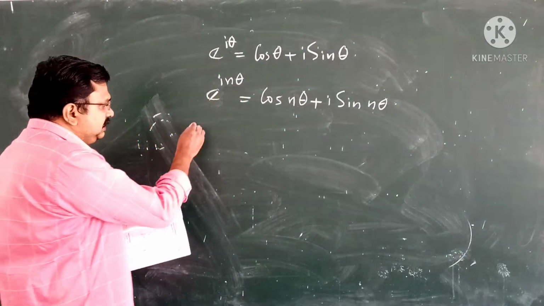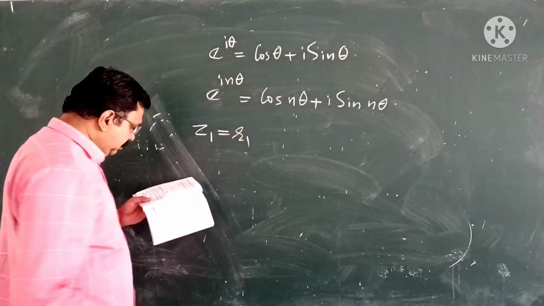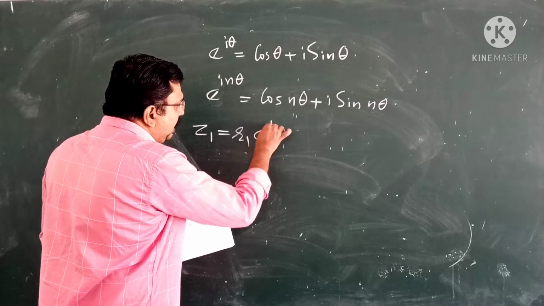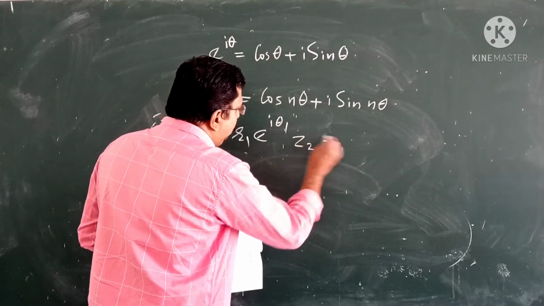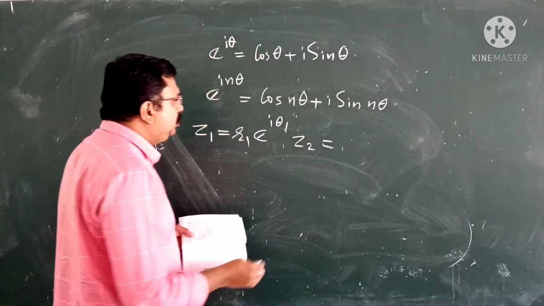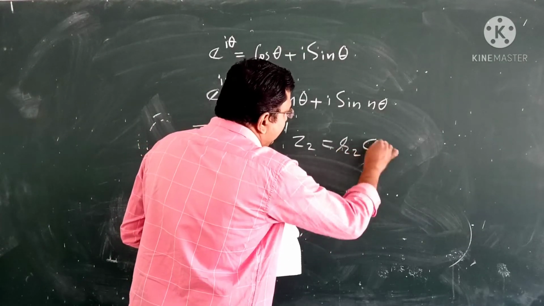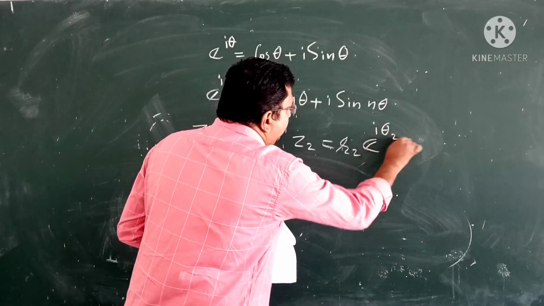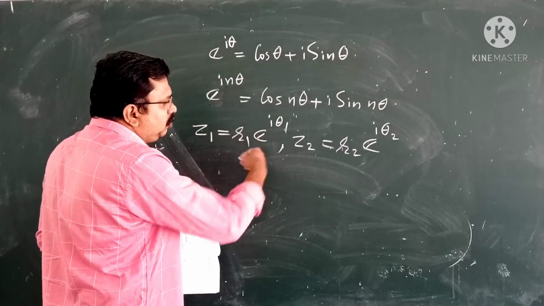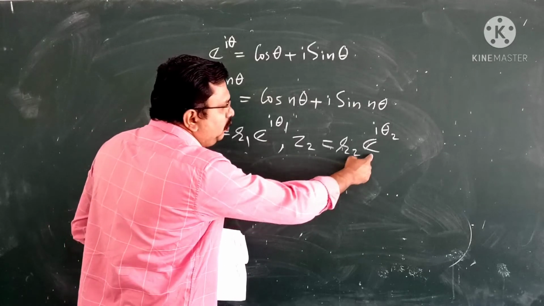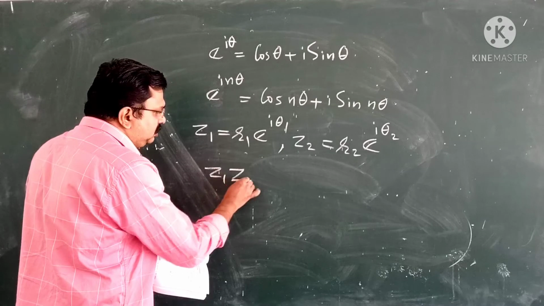If z1 equals r1 e raised to I theta 1 and z2 equals r2 e raised to I theta 2, then what is z1 into z2?